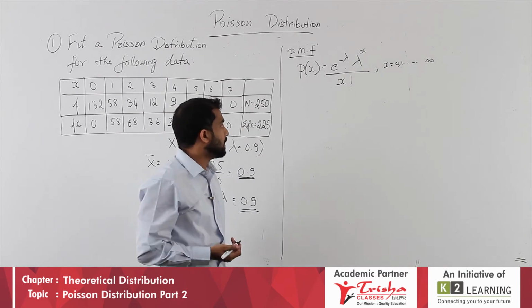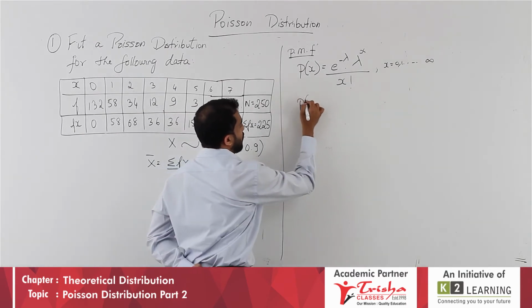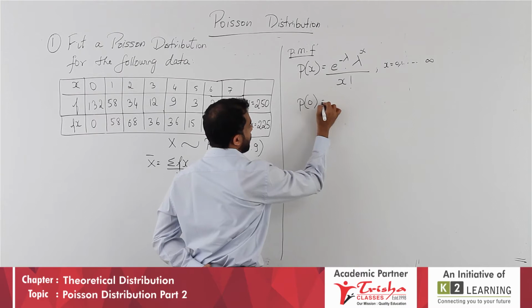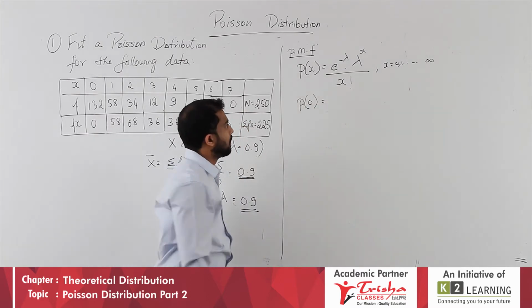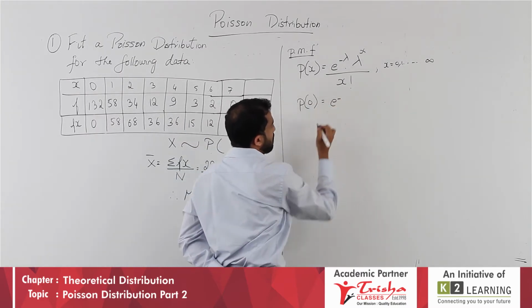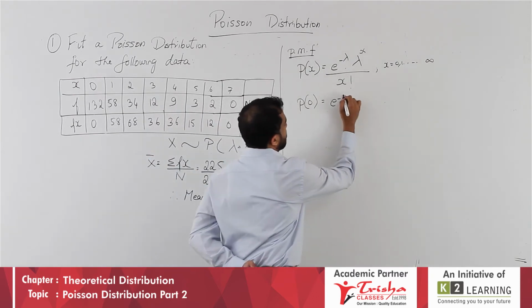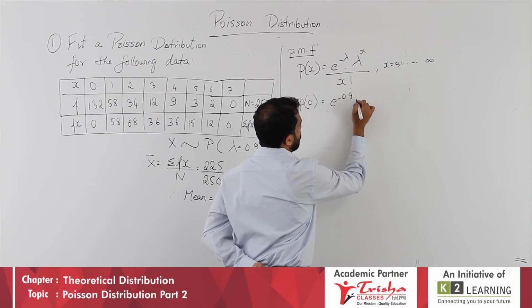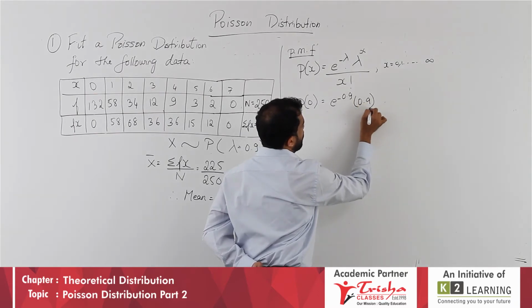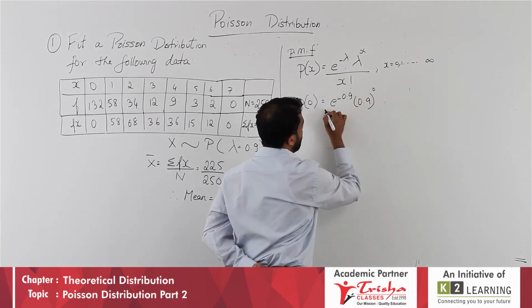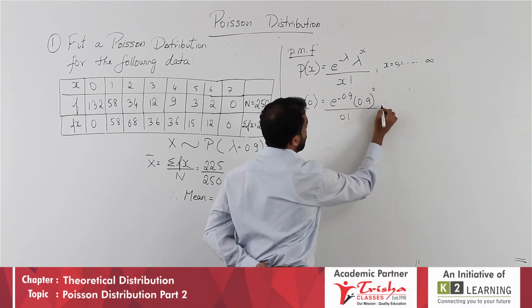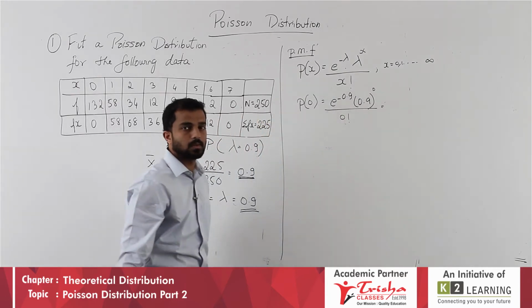Without any further delay, students, find out the first probability term, that is P of 0, which is e power minus, what is the value of lambda? 0.9, into 0.9 to the power x is 0 divided by 0 factorial. And how much is this, students?